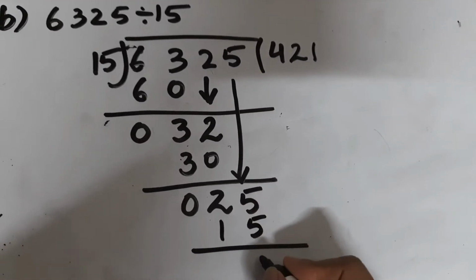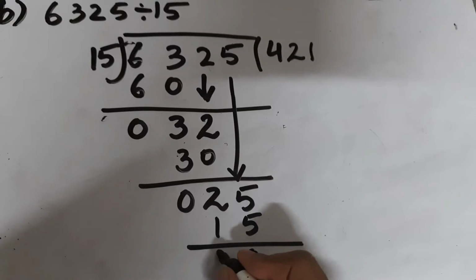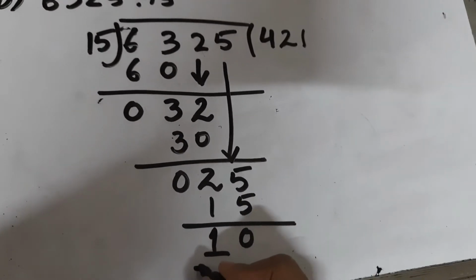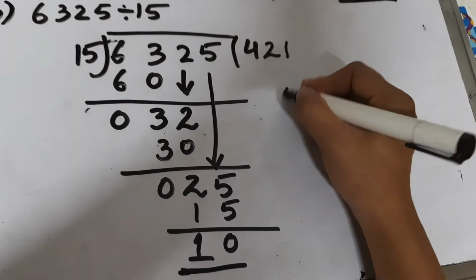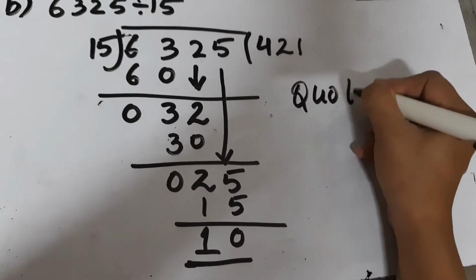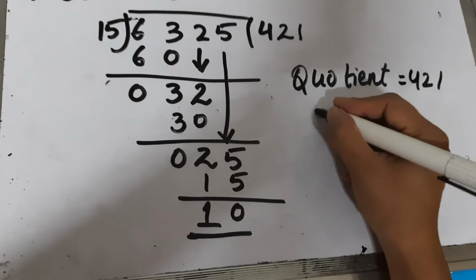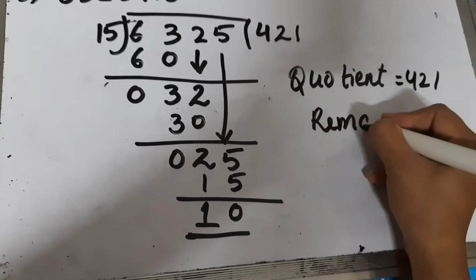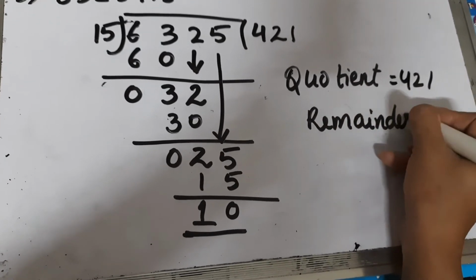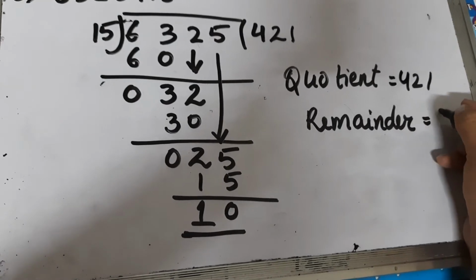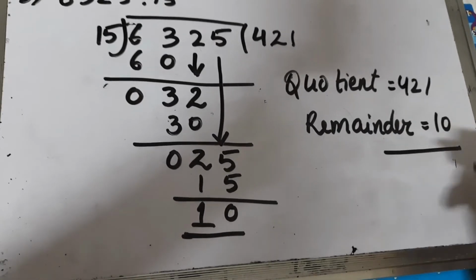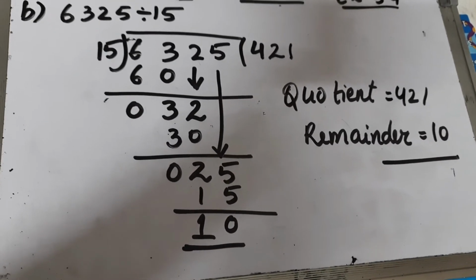Now subtract it. 5 minus 5 is 0 and 2 minus 1 is 1. So this is our remainder. Our quotient is 421 and remainder is 10. So this is B part of question number first.